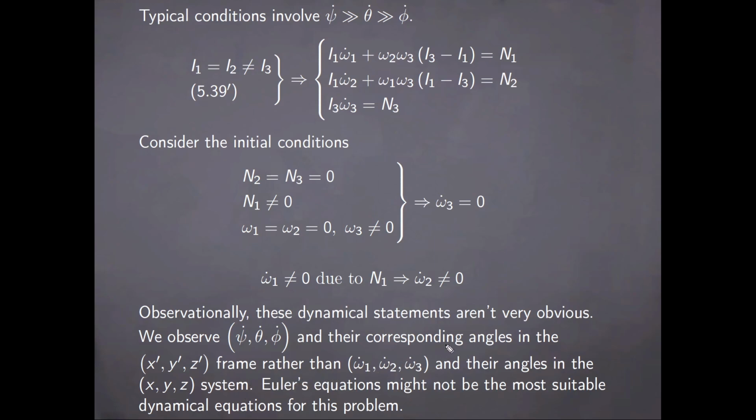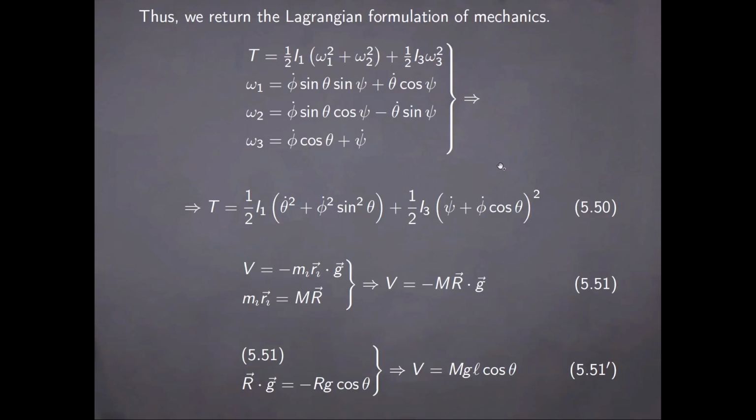So what this suggests is that Euler's equations might not be the most suitable dynamical equations for this problem, and that perhaps it would be more useful to recast the problem in a different language. The formulation in question is just the Lagrangian formulation of mechanics.